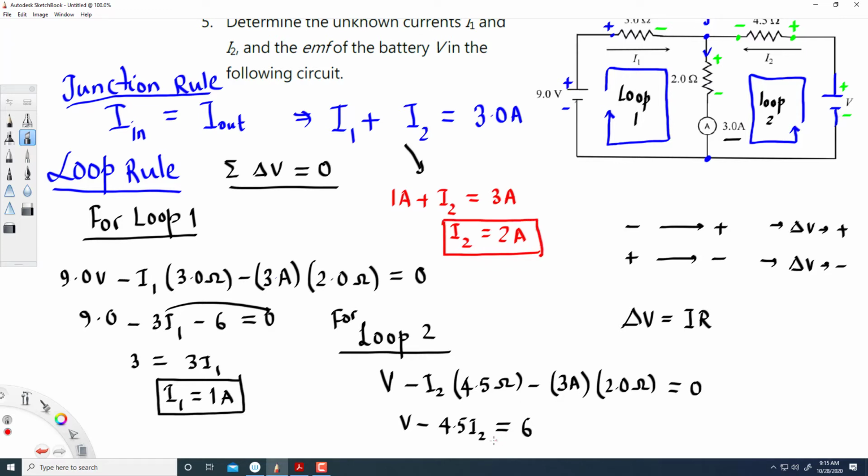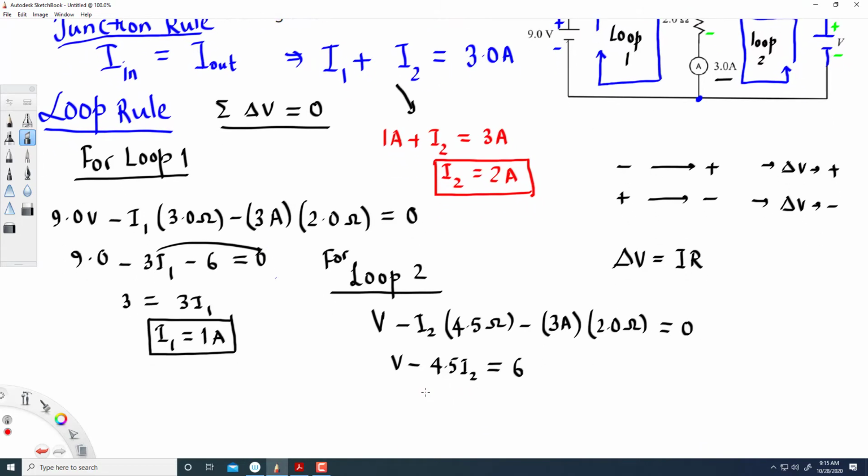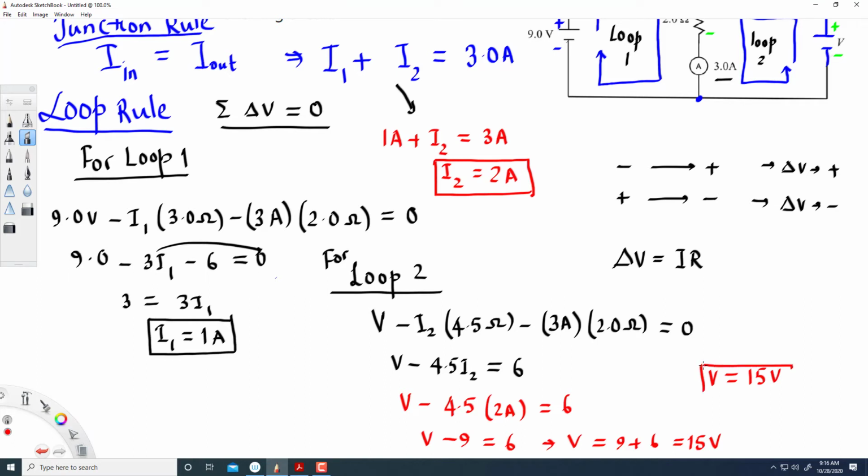Now we can use the third equation to find V. V minus 4.5 times I2, which is 2 amperes, is equal to 6. 4.5 times 2 is 9, so V minus 9 equals 6. V is equal to 9 plus 6, which is 15 volts. So V is 15 volts, and we got all three values.